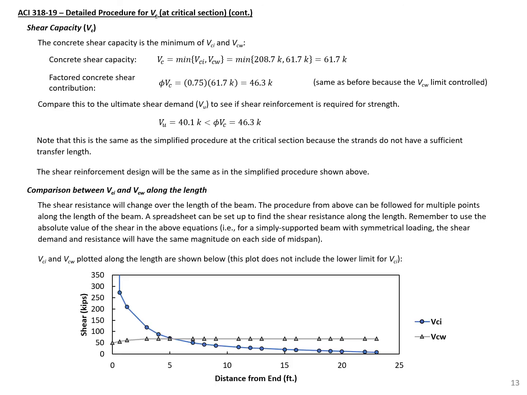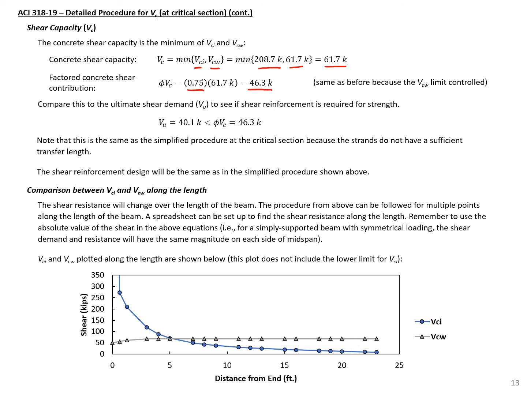Our V sub C is then equal to the minimum of V sub CI and V sub CW. So the minimum of 208.7 and 61.7, so 61.7 kips. And we can take that times our phi 0.75 to get our phi VC equal to 46.3.